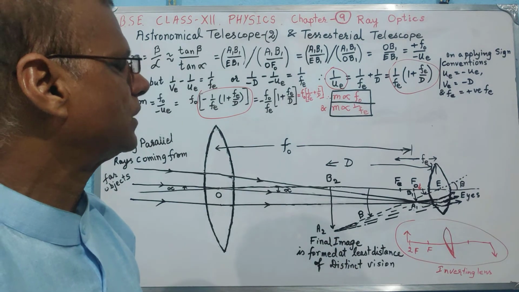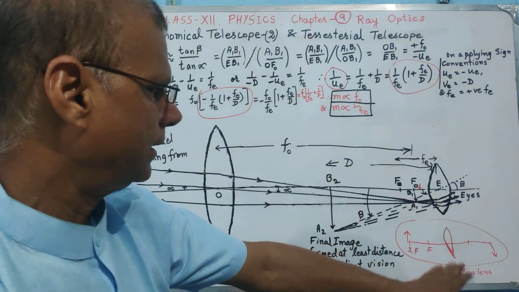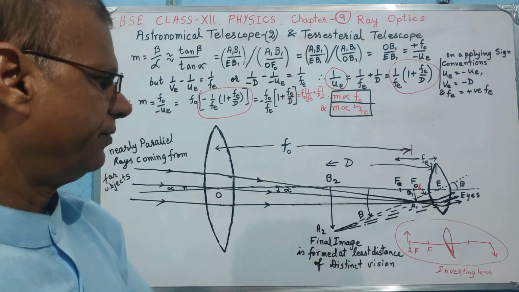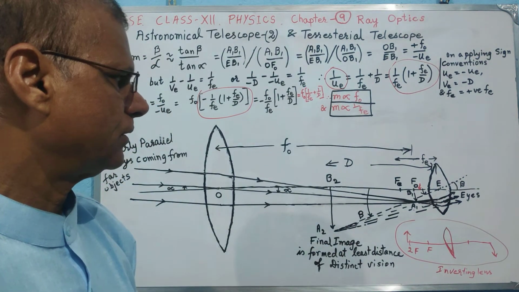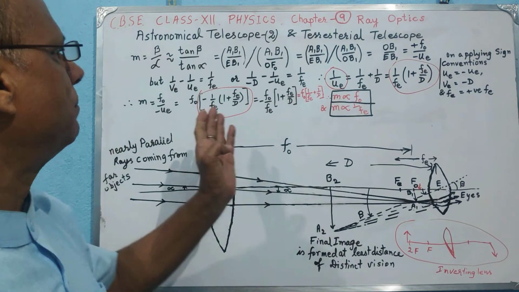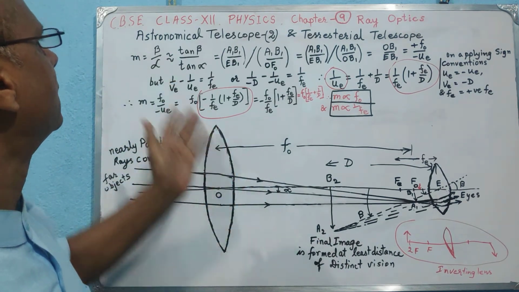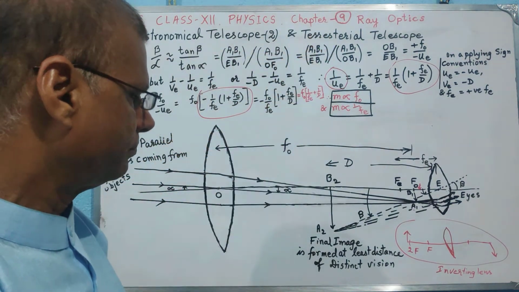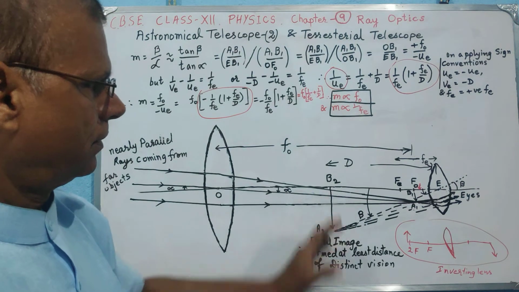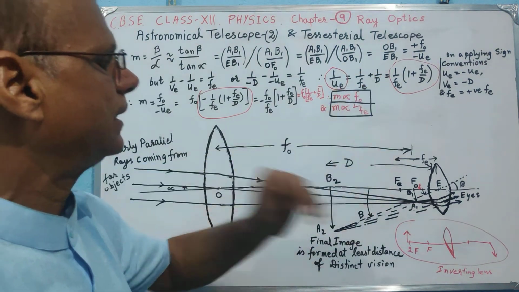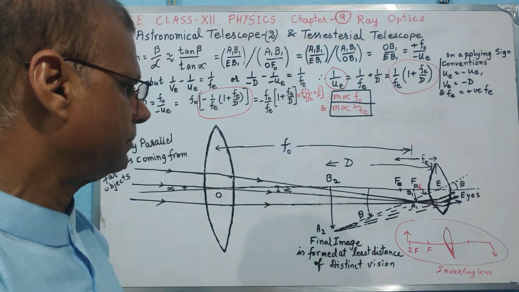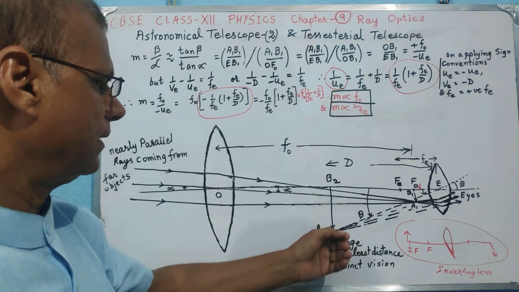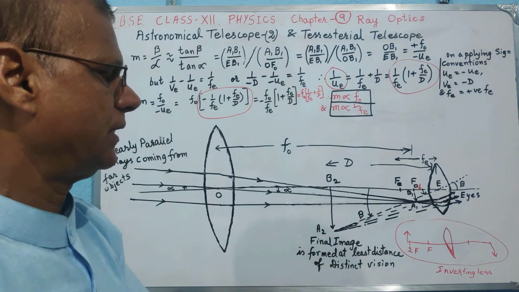One thing you must notice is that since the inverting lens is not magnifying or demagnifying the image, the final magnification of the terrestrial telescope will remain the same. The expression for magnification will remain the same as the case may be, and usually in this case we make the image at the least distance of distinct vision.